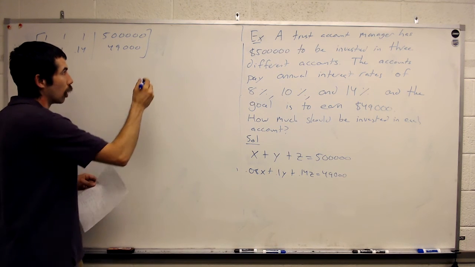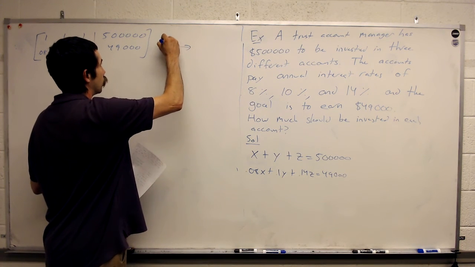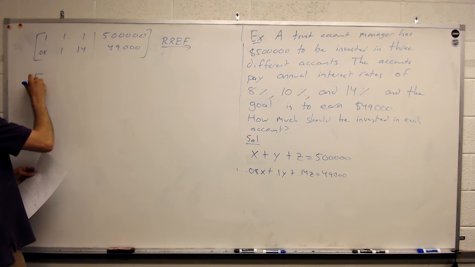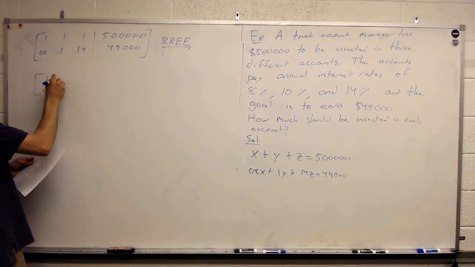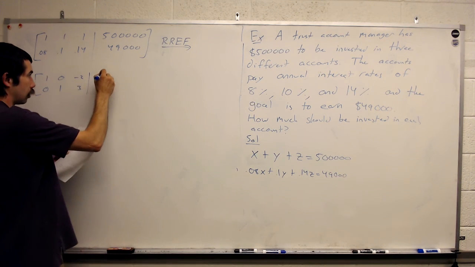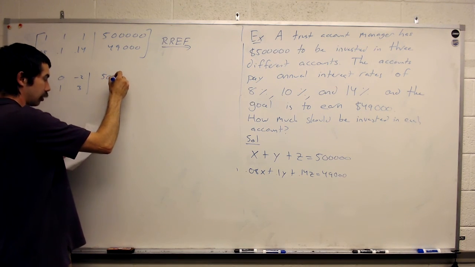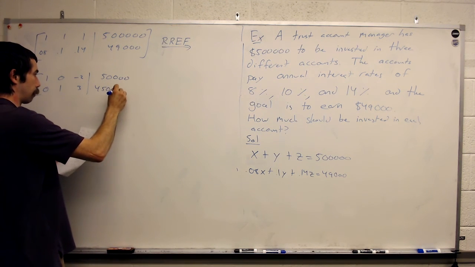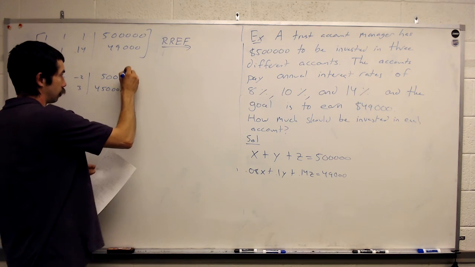All right, we would do our row operations, so put it into RREF. And we get the following: 1, 0, 0, 1, minus 2, 3, 50,000, 450,000.